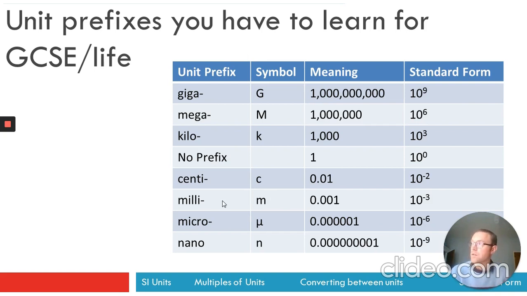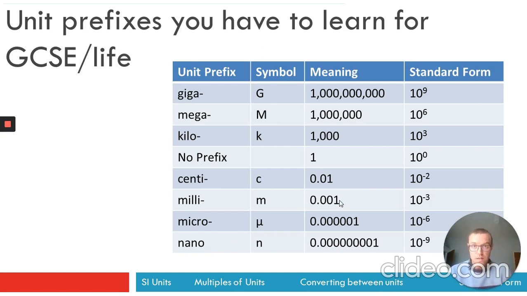Now we're using meters there, but we could also use any other unit. So you could have a millinewton, which would be 1,000th of a newton. 10 millinewtons would be 10 times 1,000th of a newton.